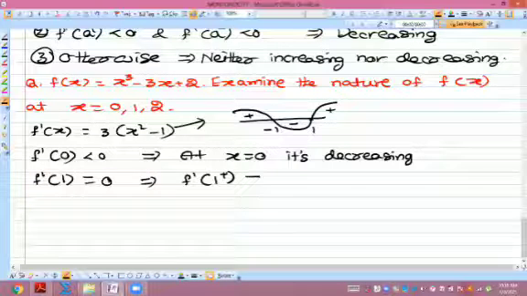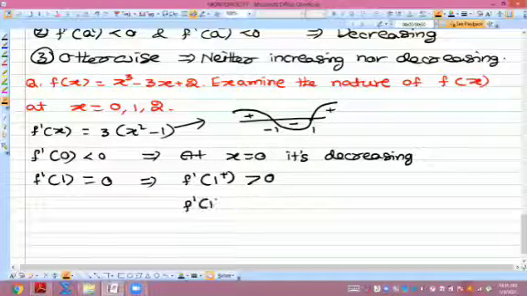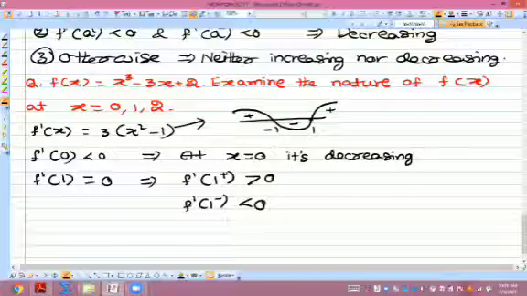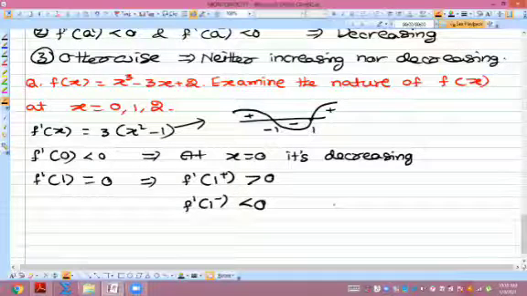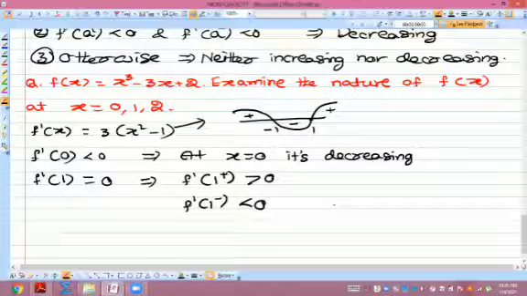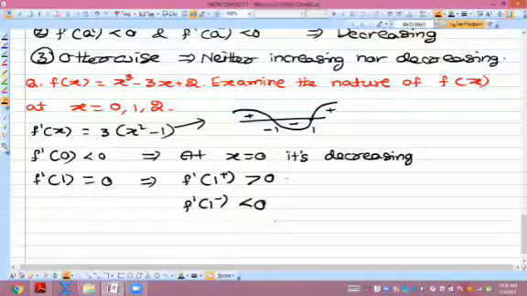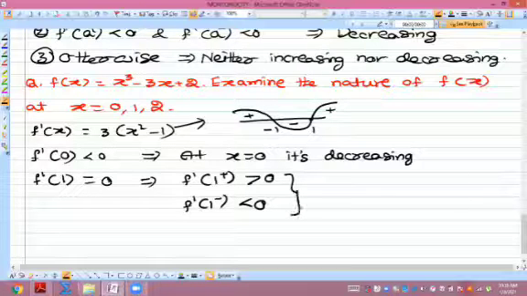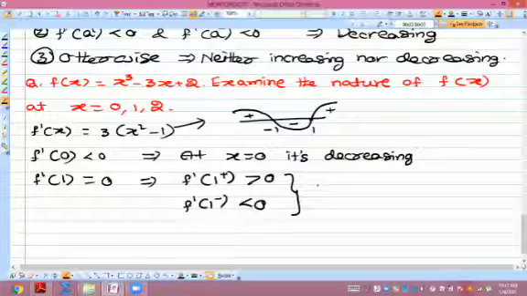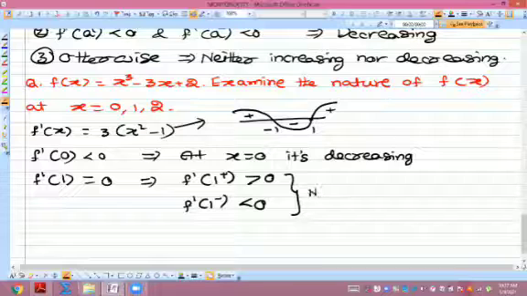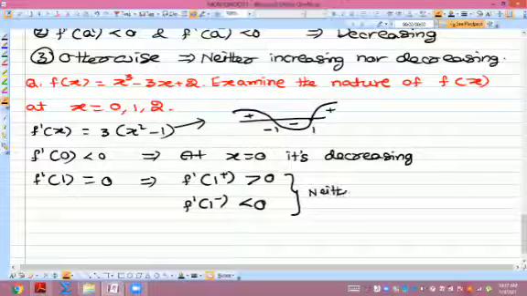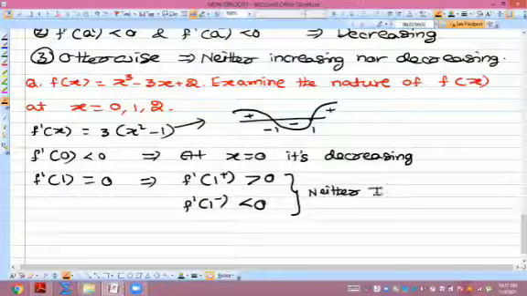Positive. What is f dash of 1 minus? Negative. If both are positive, it is increasing. If both are negative, it is decreasing. So in this case, it is neither increasing nor decreasing.